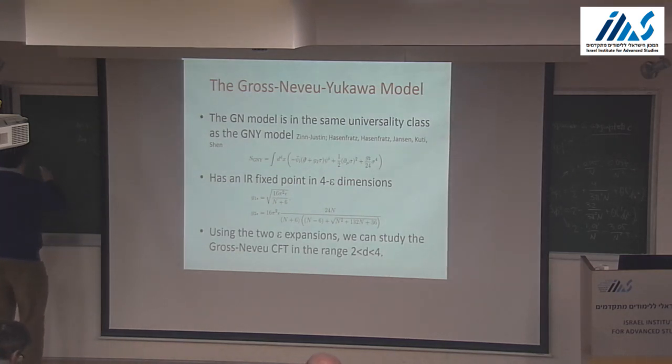So there is this GNY model, and it sits between just free fields, right? There is some UV theory of psi I fields plus this sigma field plus just one scalar field.